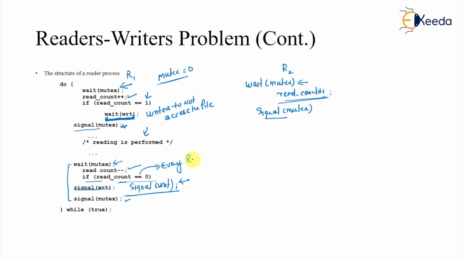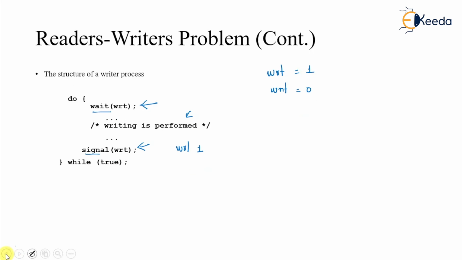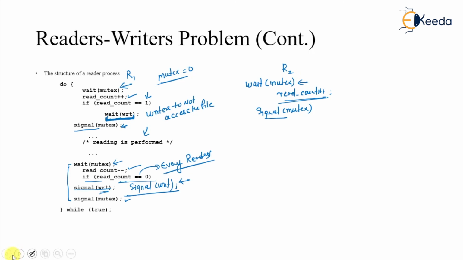The moment it finds that read count is 0, it will signal the writer. So that is one solution of the readers-writers problem where the reader is given preference and the writer may starve in this particular case.